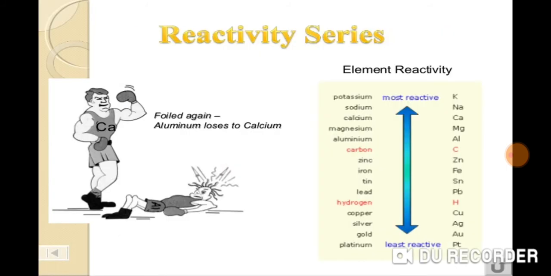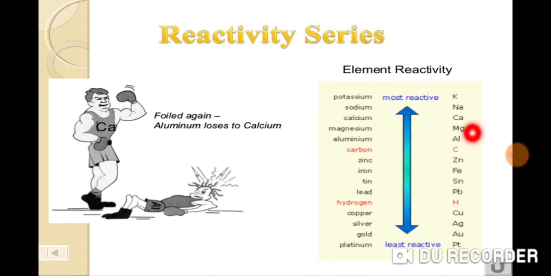The reactivity series, as I said: those elements which are highly reactive do not displace themselves, but those which are less reactive relocate themselves. So when I go on to this diagram, it shows the top elements most reactive, that is potassium, sodium, calcium, magnesium, aluminium, carbon.